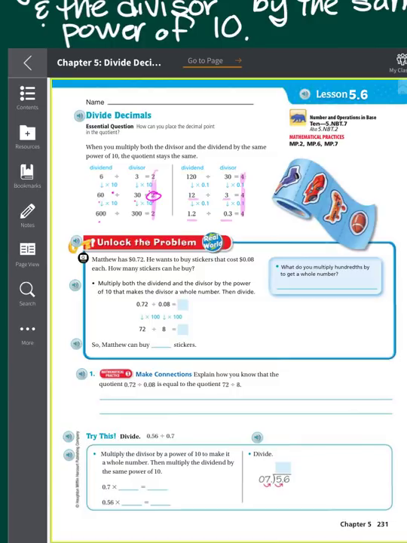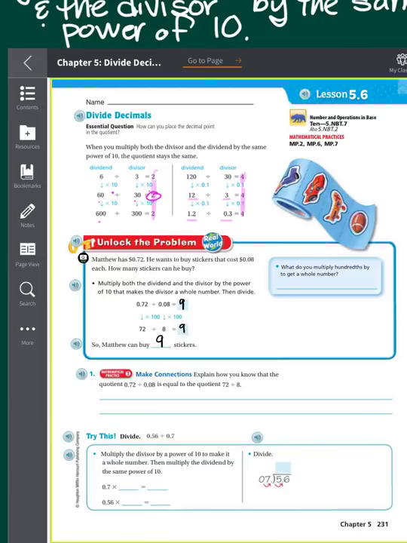So if I have 72 hundredths and 8 hundredths, I multiply them by 100 to get a whole number, which is 72 divided by 8. So 72 hundredths divided by 8 hundredths is 9, the same as 72 divided by 8 equals 9. So Matthew can buy 9 stickers.